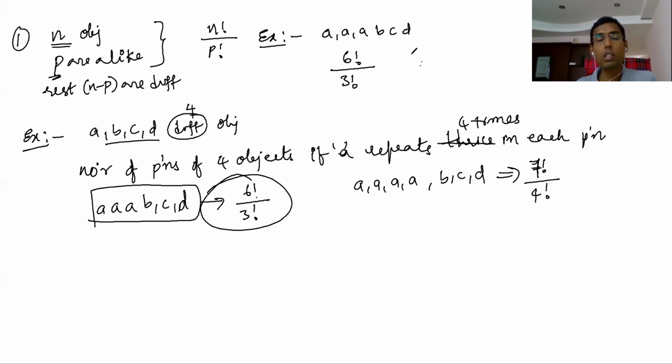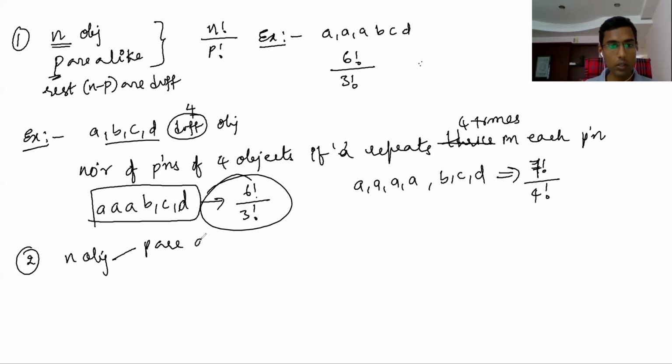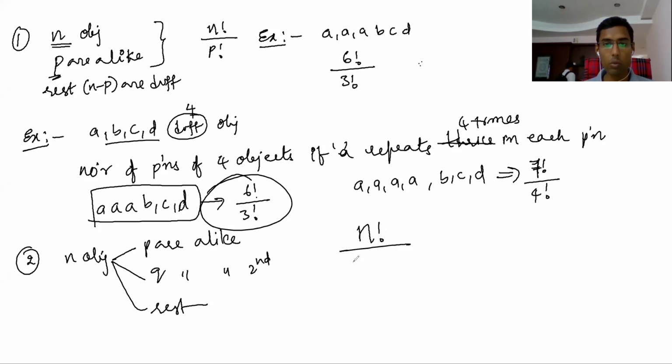Hope you got this start. Also, n objects are there in which p are alike of the first kind, q are alike of the second kind, and the rest are different. This also we saw: total n factorial by p factorial into q factorial.